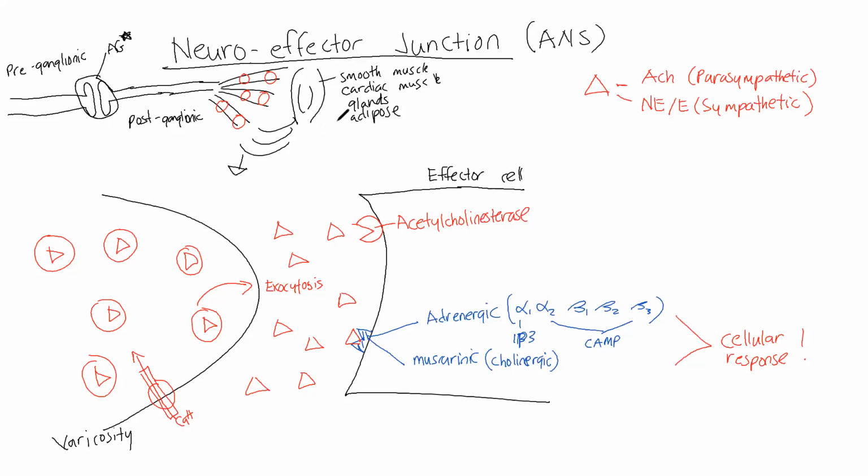But here we have some different options, right? If this is a junction that has norepinephrine and an adrenergic receptor, we're not going to find acetylcholinesterase. In other words, acetylcholinesterase cannot degrade norepinephrine, so we will not find it at a junction that has an adrenergic response.